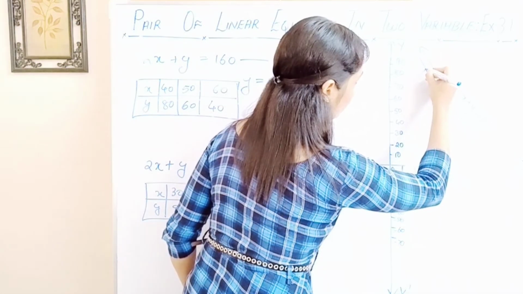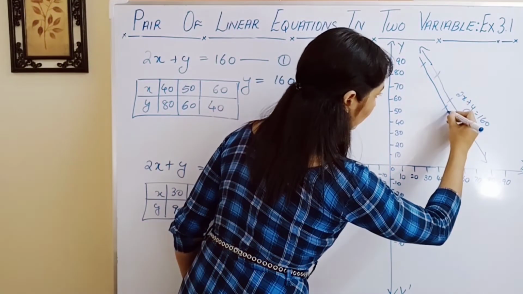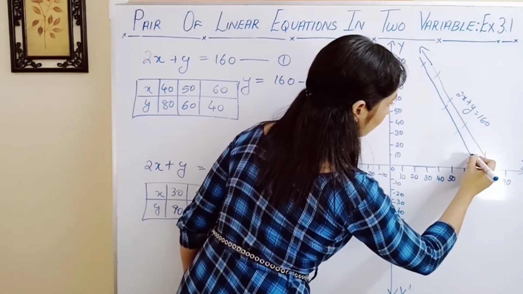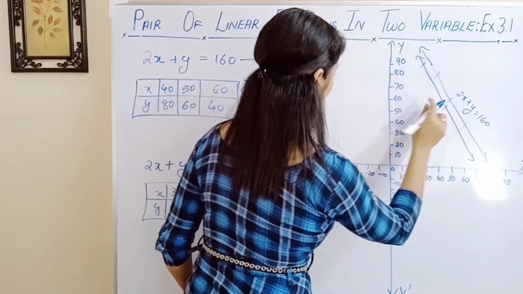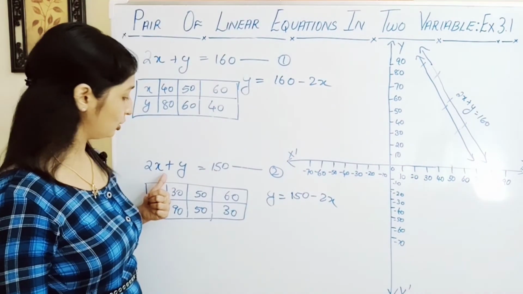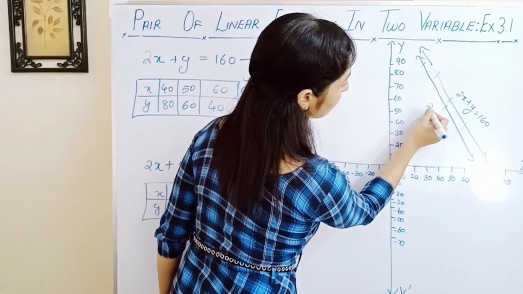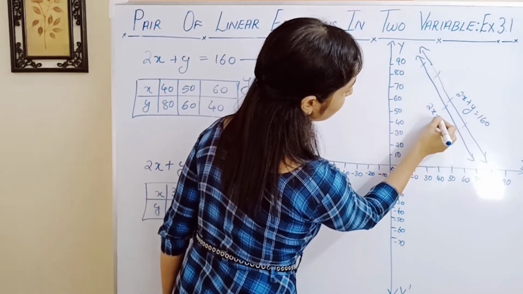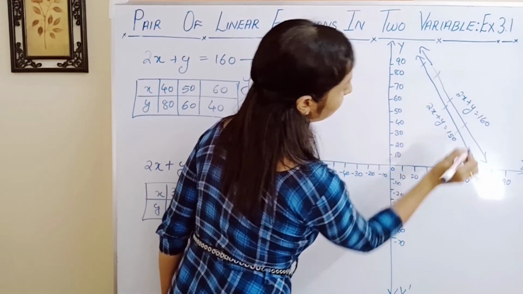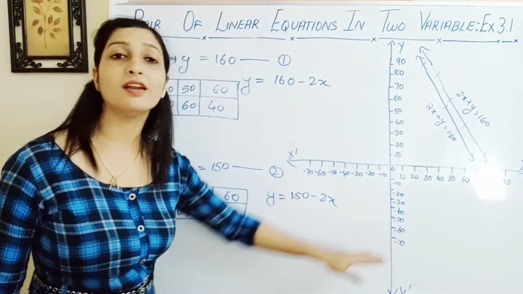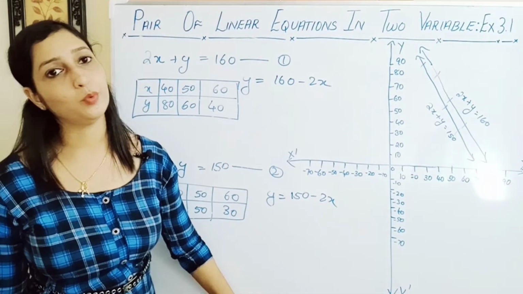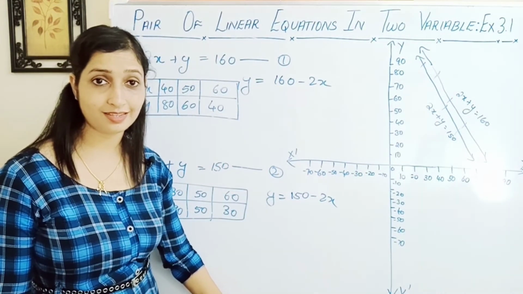Now let's join this line. So you get the line like this. And the name of this equation is 2x plus y is equal to 150. So this is our graphical representation, and with this we have finished our exercise 3.1.